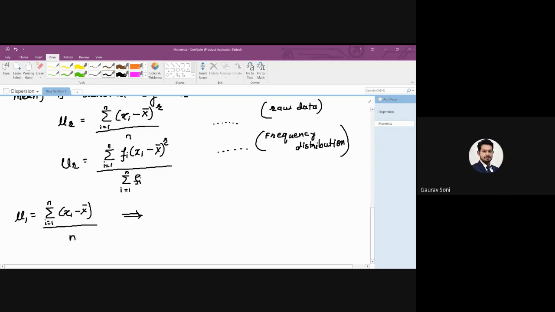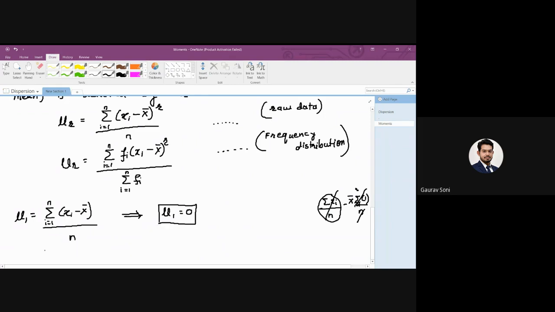Exactly. Just one thing that you missed is that summation xi by n will be the first term, minus x bar, which is of course a constant, so it will come outside, summation 1 upon n, i running from 1 to n. So this n will get cancelled out and this term is x bar. So this and this will get cancelled out and the answer for mu1, the first central moment, is always 0.